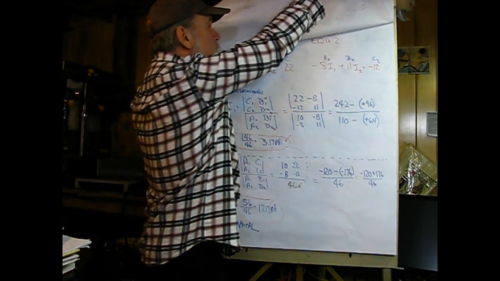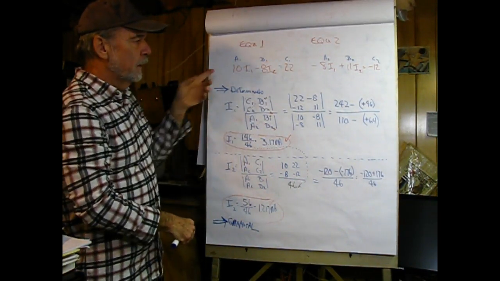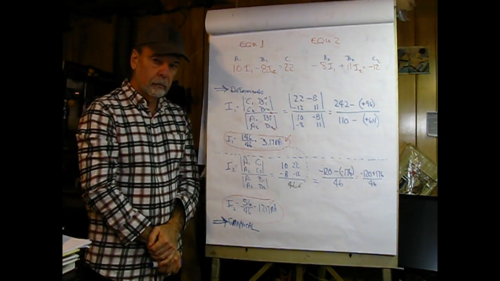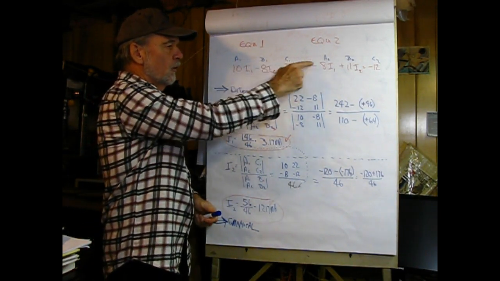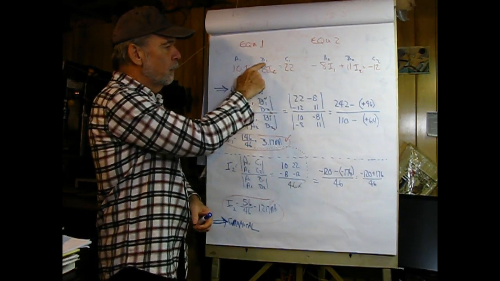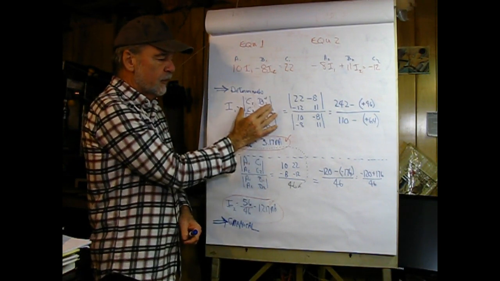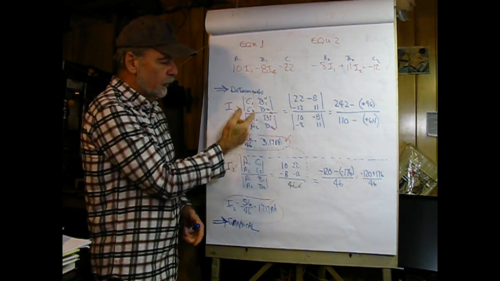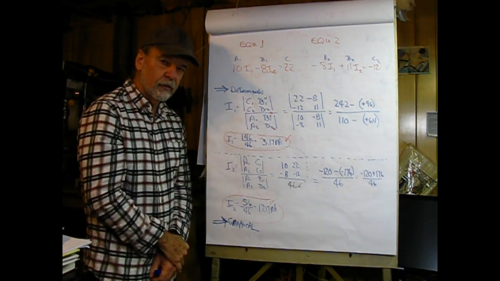Another method is by determinants. Again, I've written down our two mesh equations, and this time I've put coefficients above them, which are standard in using determinants: A1, B1, C1, A2, B2, C2, and I've arranged them in a matrix. You might ask how you know whether this is C1 and B2 and B1 and so forth.